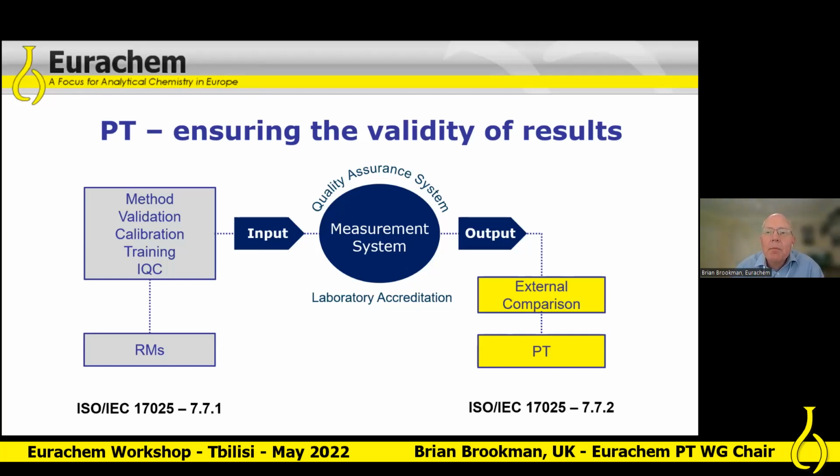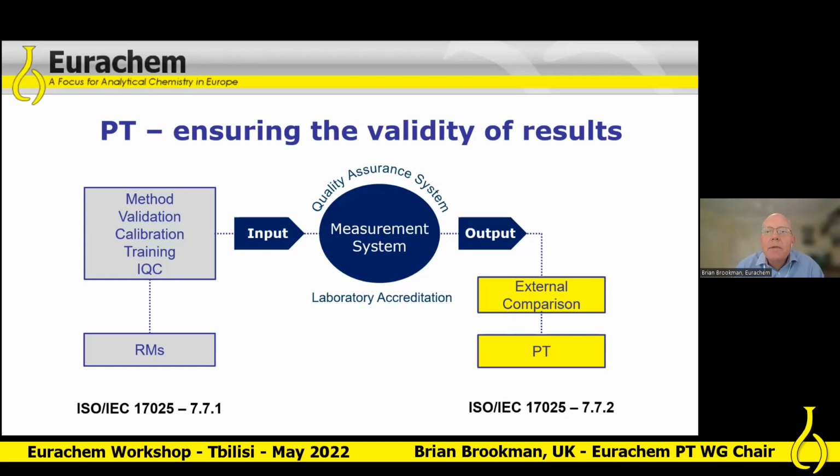But what's really important is the output from the measurement system, the measurement or the test result. And PT is the key quality measure which is specifically concerned with a laboratory's output. By doing that, it also provides an independent and external comparison of the laboratory's measurement result, which, as I've already mentioned, is a requirement of clause 7.7.2 in ISO 17025.